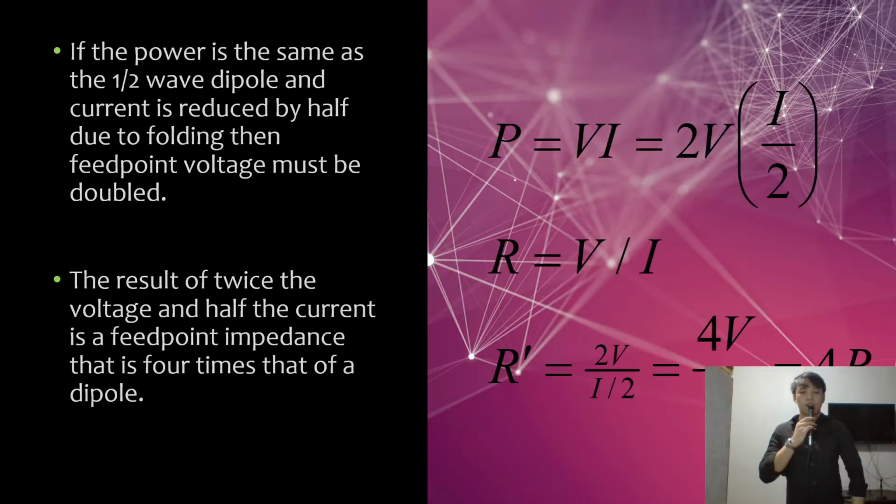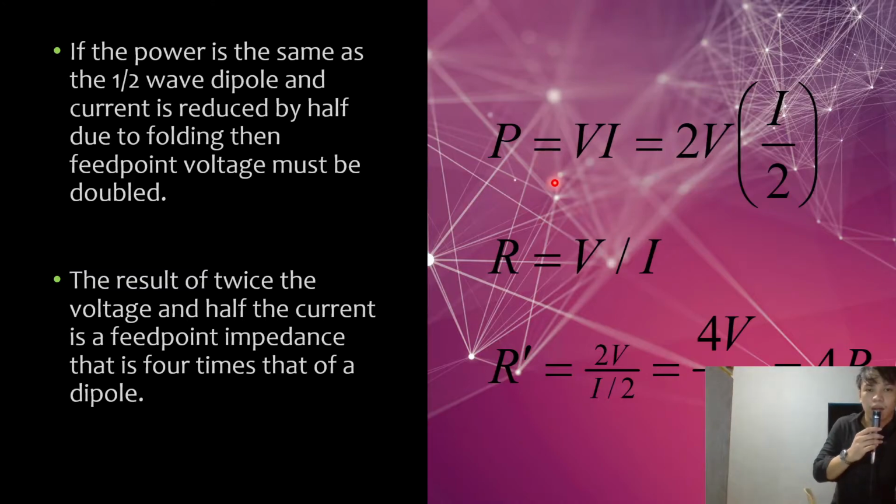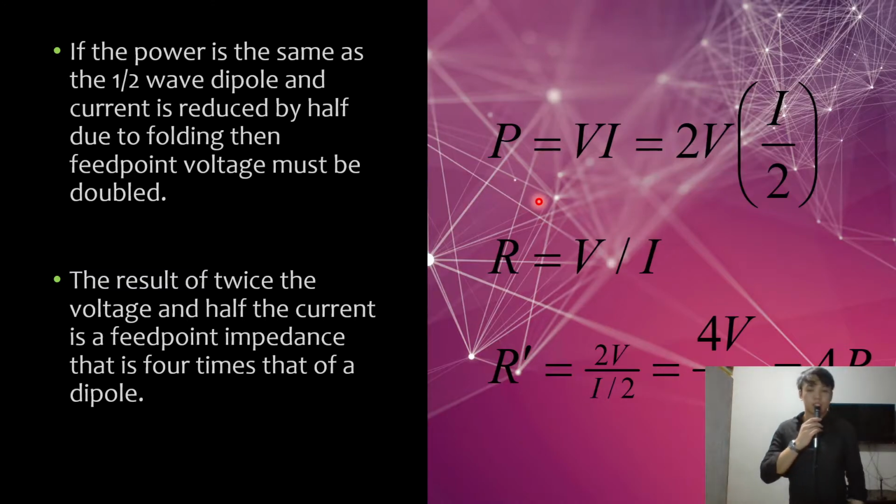So as we can see here, the equation denoted, the power equals voltage times current, which is also equal to twice the voltage multiplied by the current over 2.